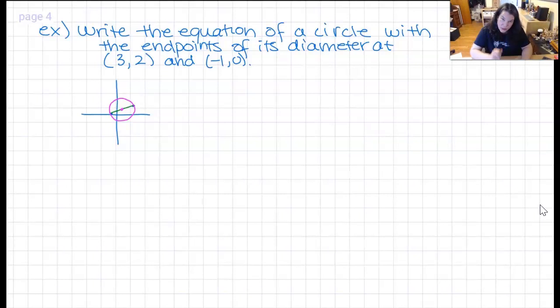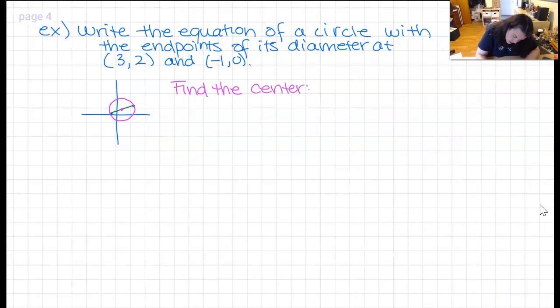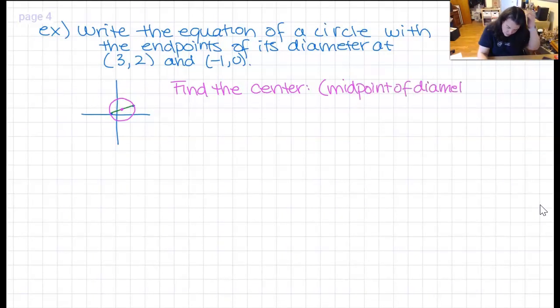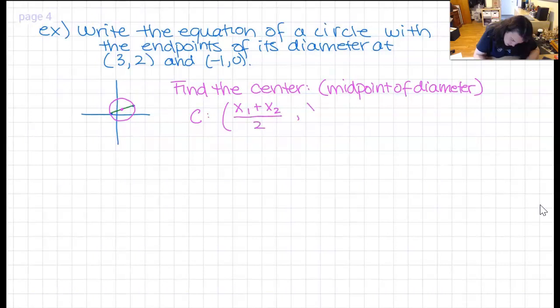All right, so let's do the midpoint formula because that's the easier one. So let's find the center. And remember, the center is the midpoint of the diameter. The midpoint formula is just the average of the x-coordinates, average of the y-coordinates. So the center is going to be (x1 + x2)/2, and then (y1 + y2)/2.